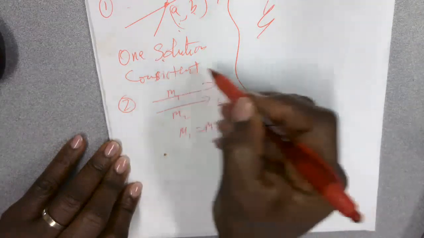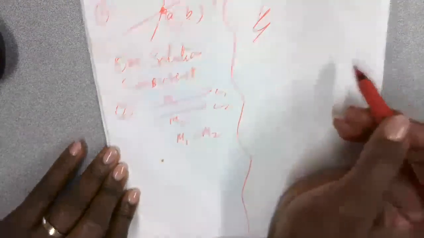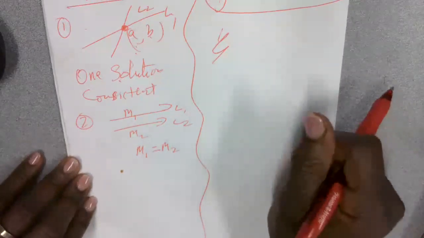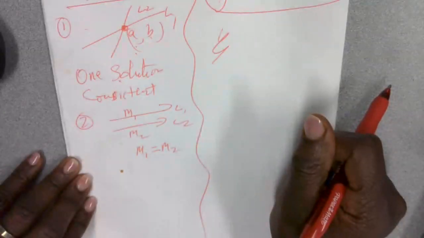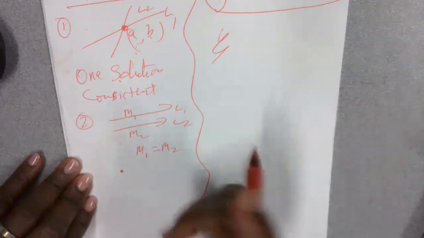Above it, one solution. One solution means there's only one point. They have only one point of intersection. So the solution is A, B. We're going to see one now. One point of intersection, so they are consistent.